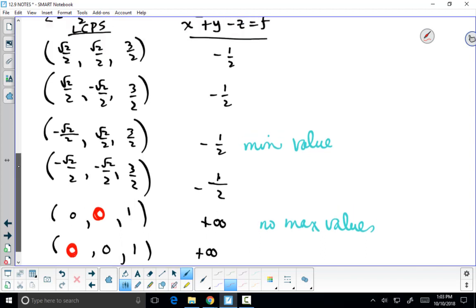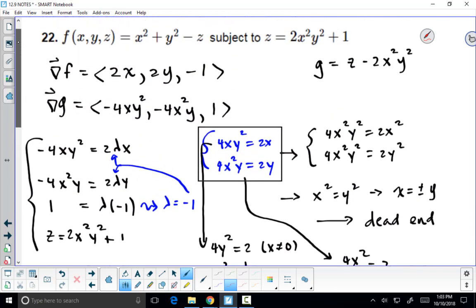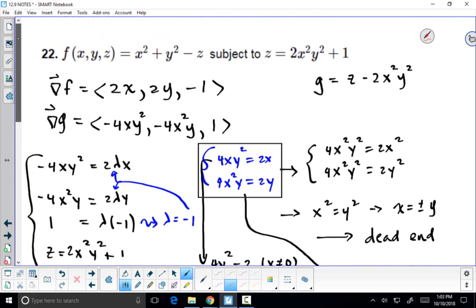So then we go back up to our expression over here. If x is 0, if y is 0, that forces the z value to be 1. So that's all true. If x and y are 0, z is 1. And then we have to go over to our function and plug in our critical points, our Lagrange critical points.